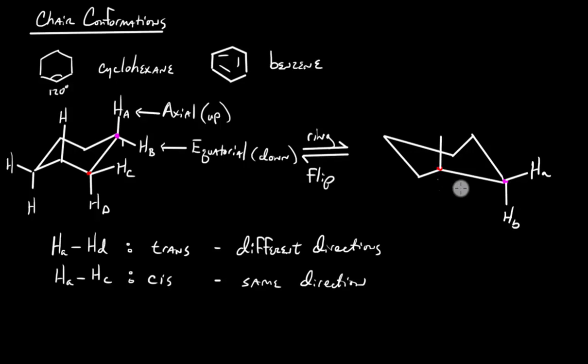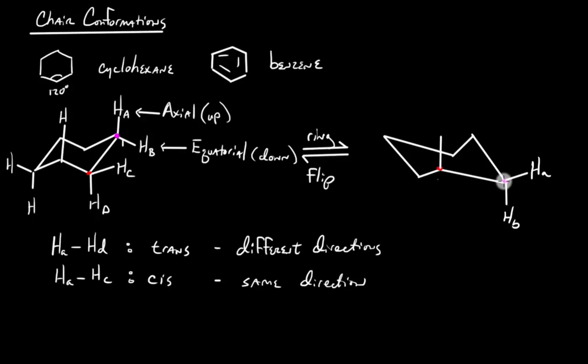Now, really quickly, how did I know to make this an axial up? The quick way around this is to think about this red carbon and its relationship between this white carbon and the pink carbon. The white and the pink are making this red carbon look like it's pointing in an upward direction. Because of that, the axial position is going to be pointing in the same direction.